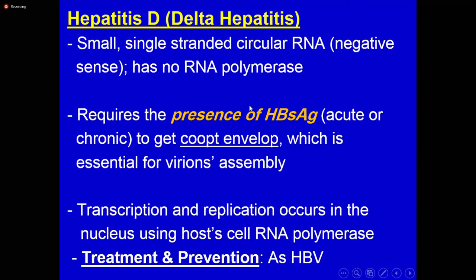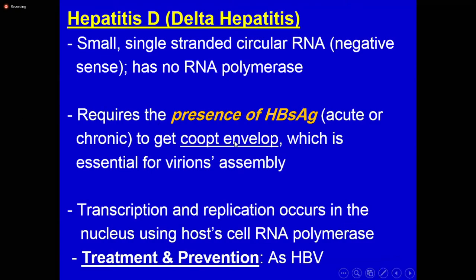Persons who are infected with this Delta virus together with B, it becomes very dangerous. It has more mortality and morbidity rate.